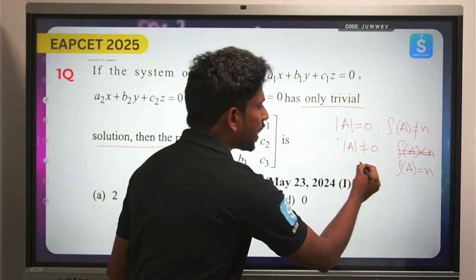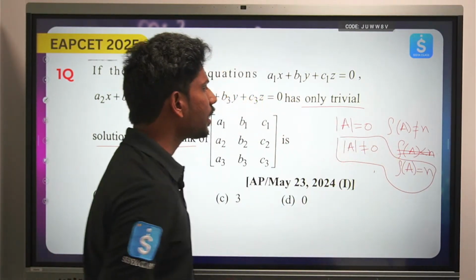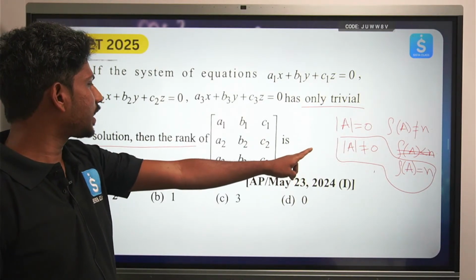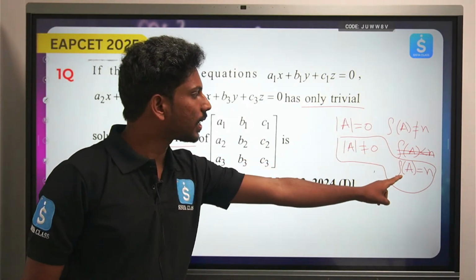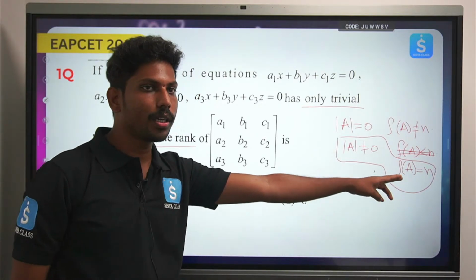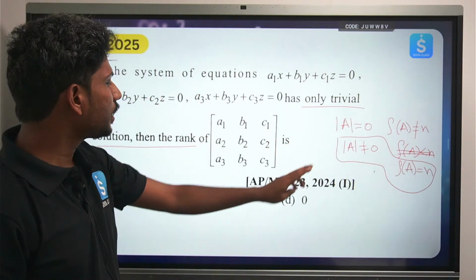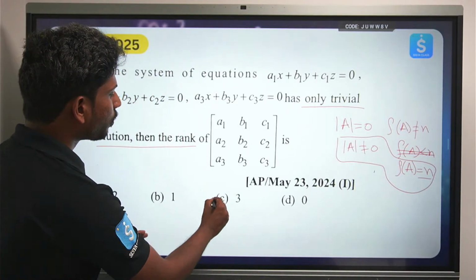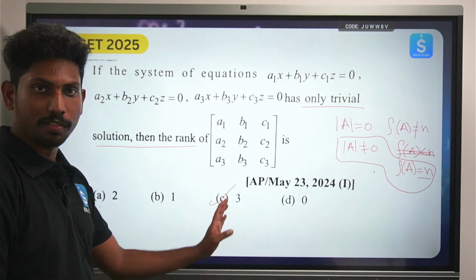So whenever the determinant is not equal to 0, the rank will be equal to n. This is the case where it is having the trivial solution. Rank equal to n means that we will have the trivial solution. Whenever I am saying rank equals n, that means the rank should be equal to 3. So that is the first case.